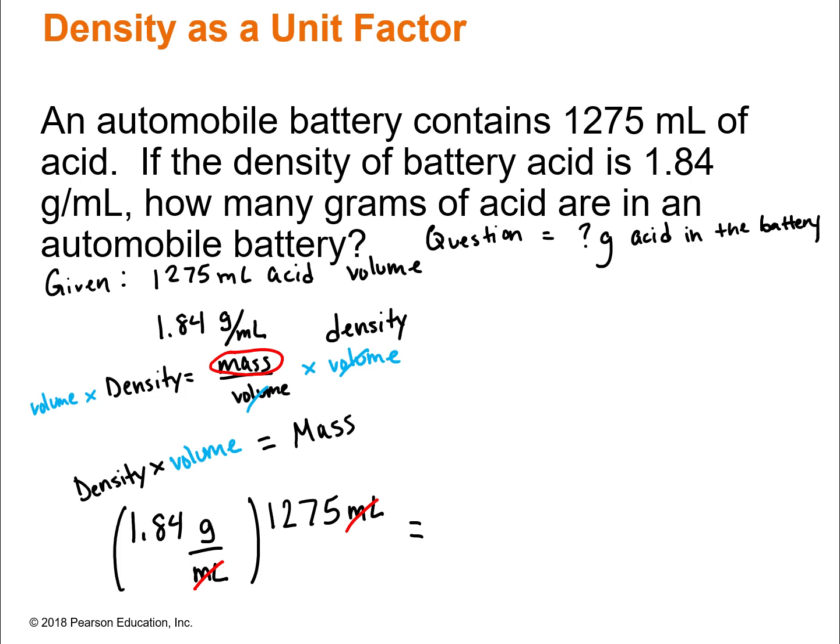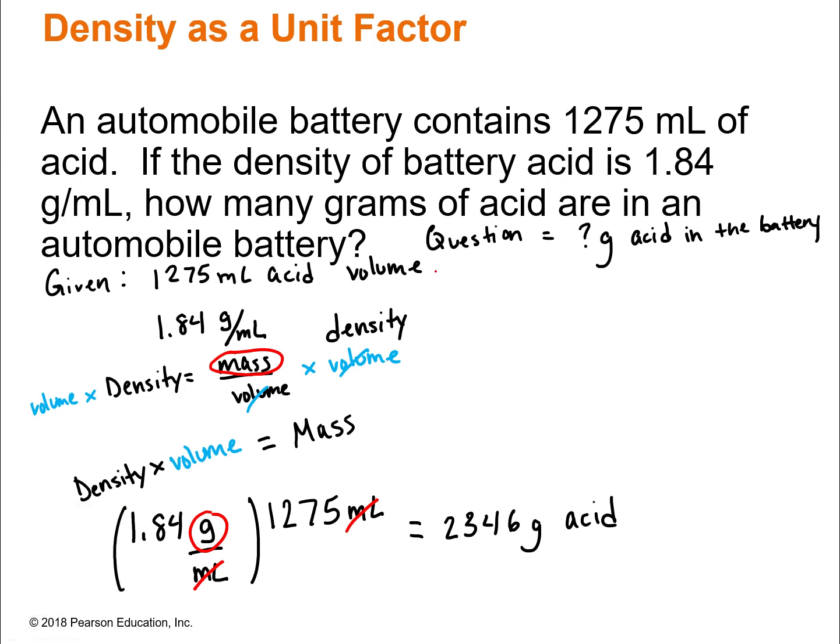We've got a unit per other unit. We're canceling out the milliliters, and we're left with grams. When you do that calculation, your calculator will tell you something like this. But we have to think about sig figs.